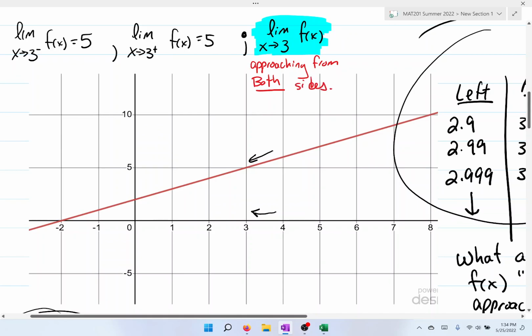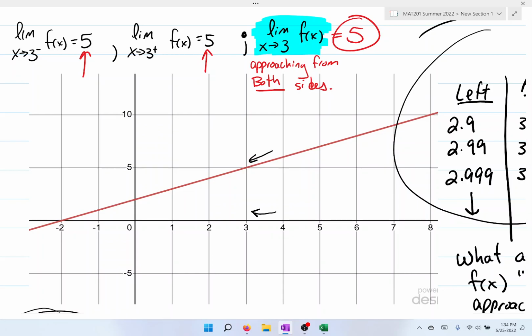That's what we're really asking. And since the left and the right are approaching the same exact value, then I know not only does the limit exist, but it approaches that value that the left and the right side limits approached as well.